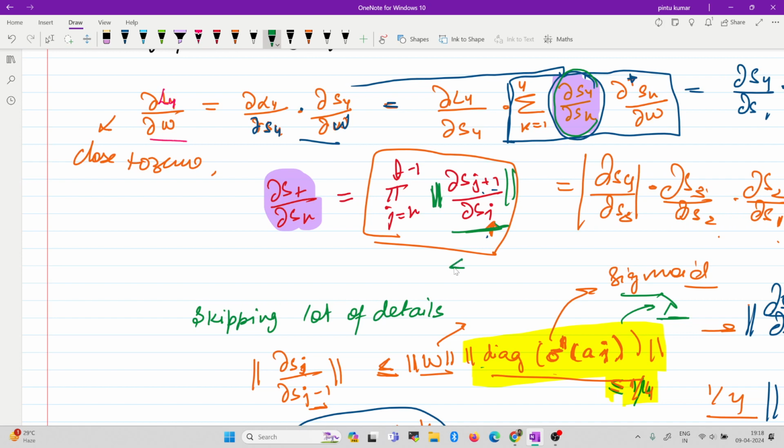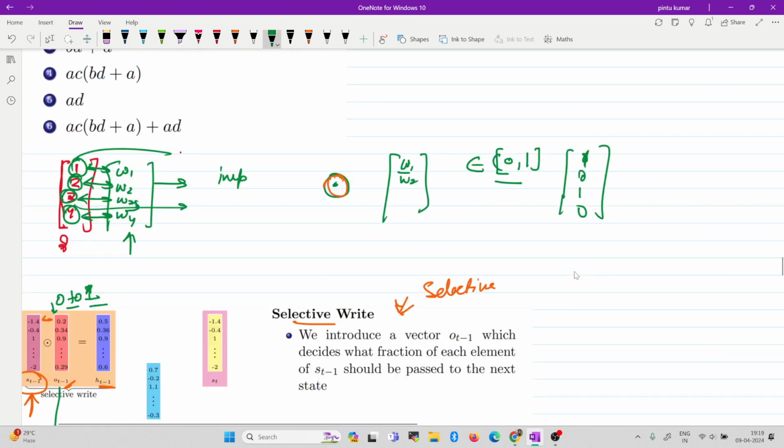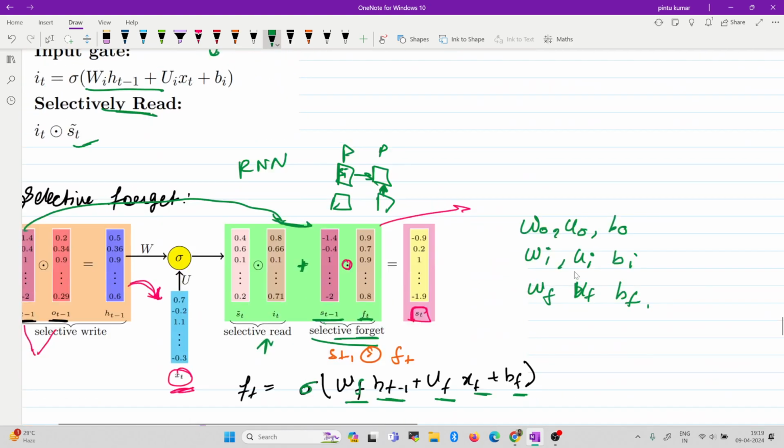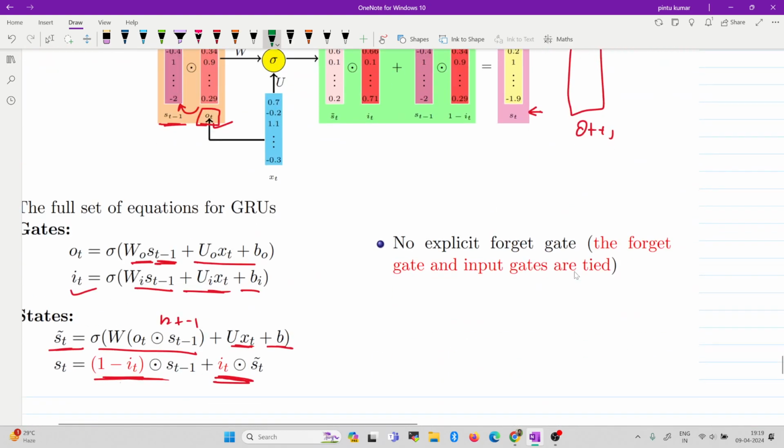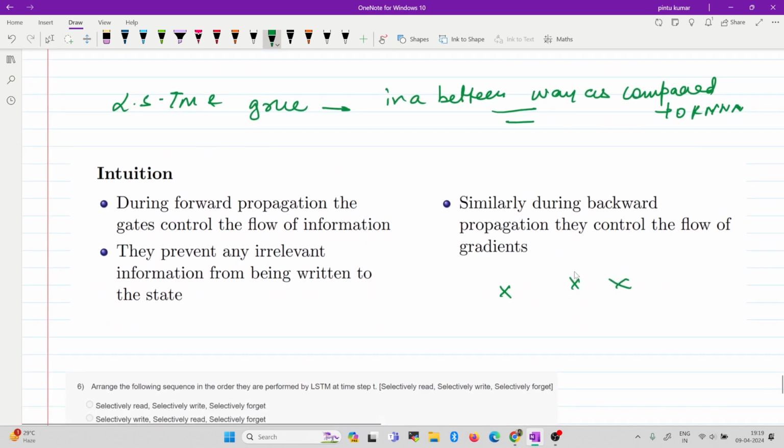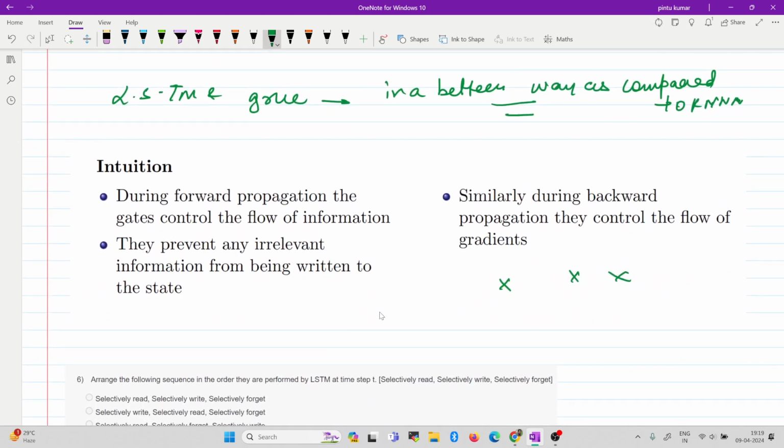Now these terms would be at least greater than or equal to, let's say, 0.5 if your gated GRU has values 0.5. That depends on the value of your gate. But let's say if it is 0.5, then it will be at least 0.5, so it will be 0.5 plus the bound that you had earlier. Now if you have, let's say, 20 terms of 0.5 being multiplied by each other, then it is still small.